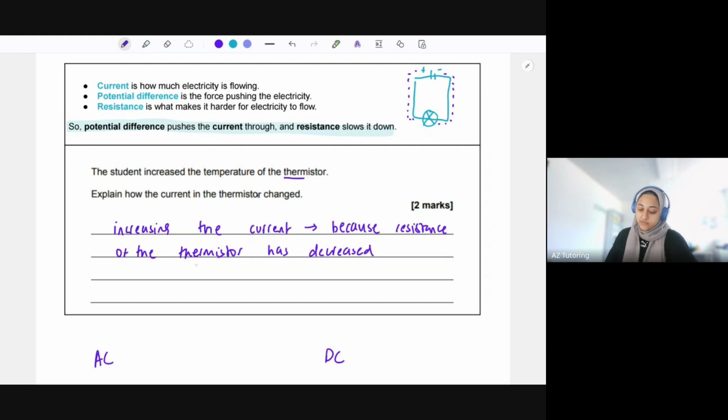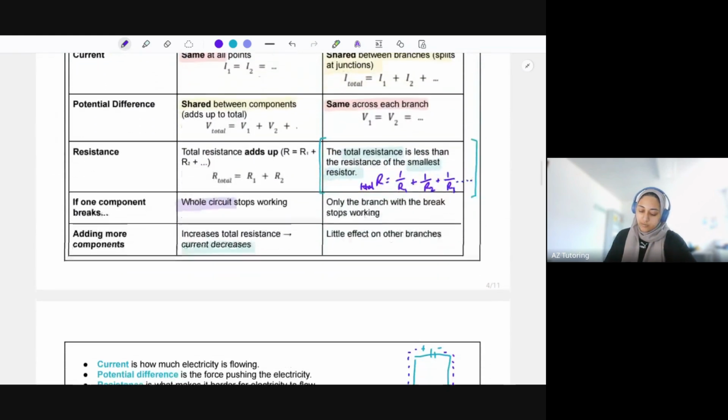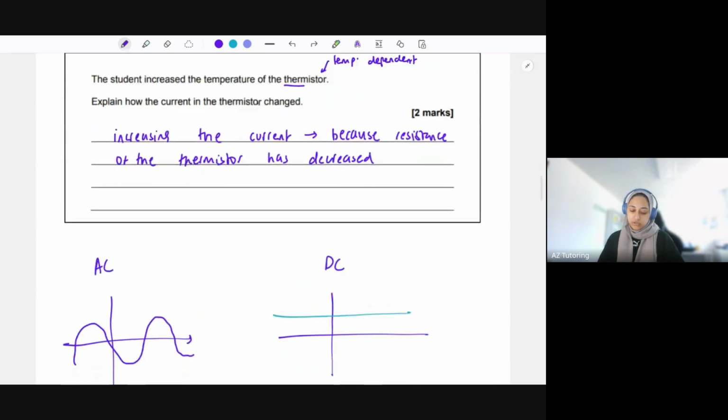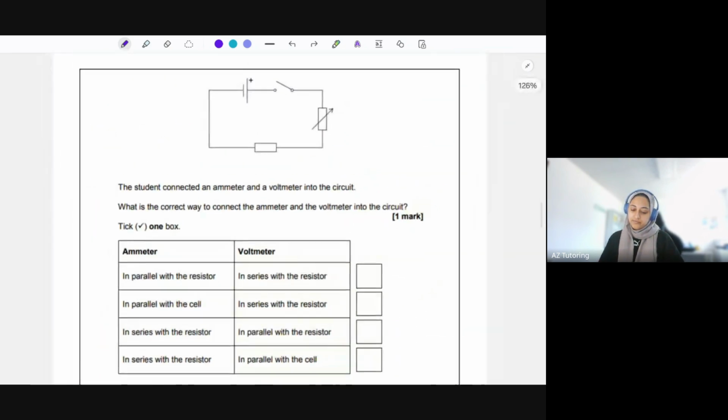So because the resistance of the thermistor has decreased, because we've increased the temperature, this is a temperature dependent one, we've increased the current. So just like before, when we increase the total resistance, the current decreases. So we've just done the inverse, the opposite of that. So just keep that in mind.